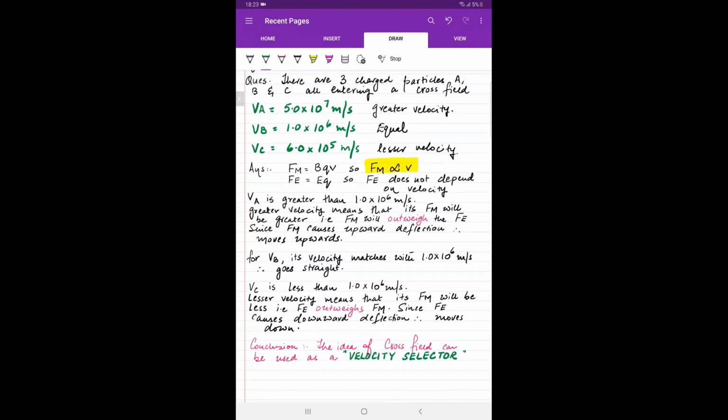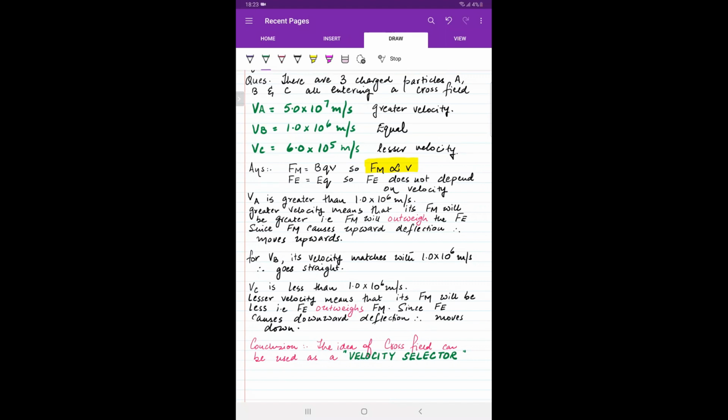We can distinguish charged particles traveling with a certain velocity, and we can separate them or select them from the rest of the lot.